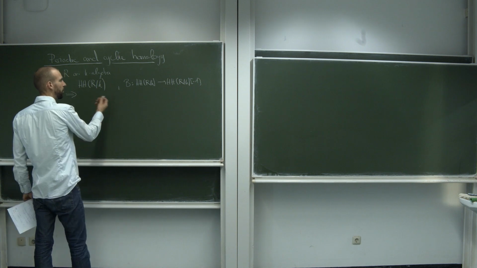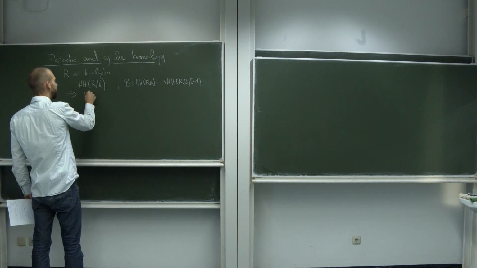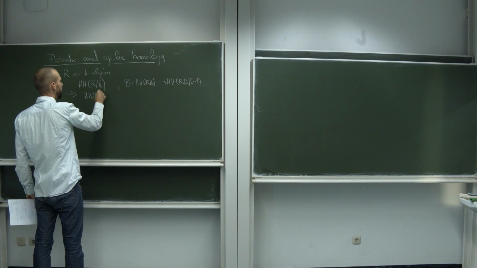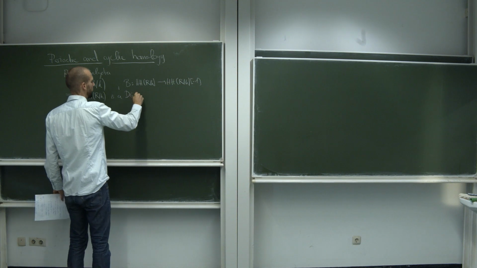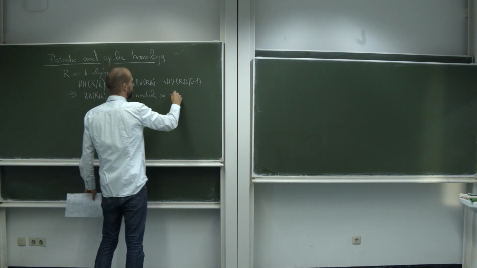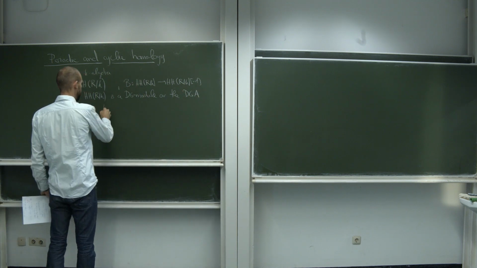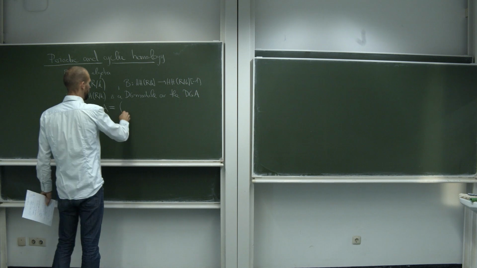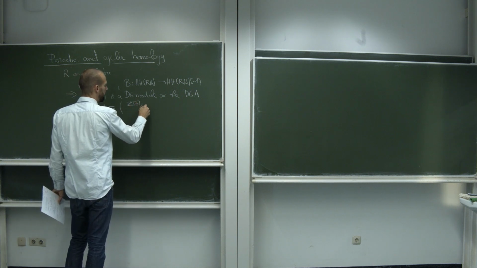Okay, and another way of expressing the existence of this B is to say that HH(R/K) is canonically a DG module over the DG algebra, which we call A, and which as a graded commutative algebra is just Z[B]/B squared.